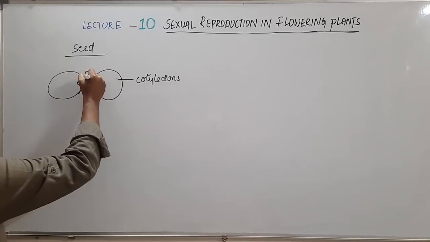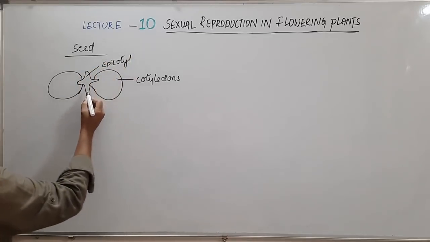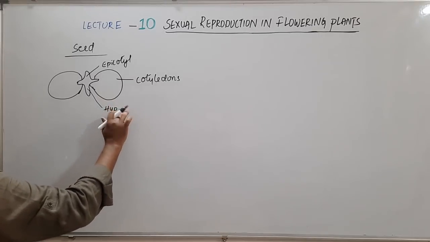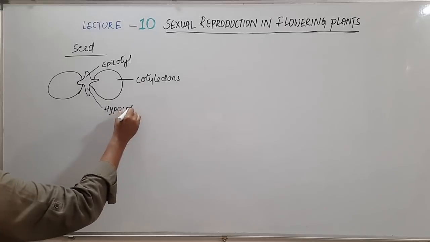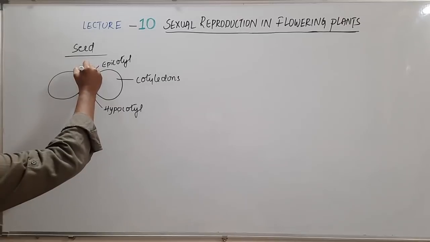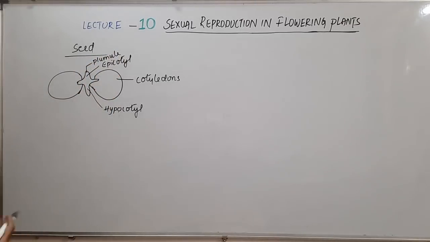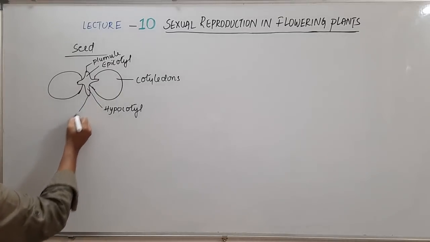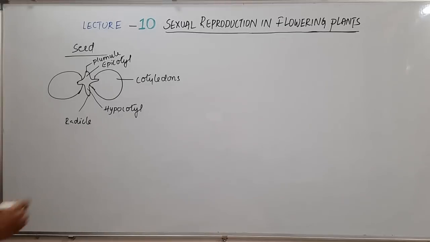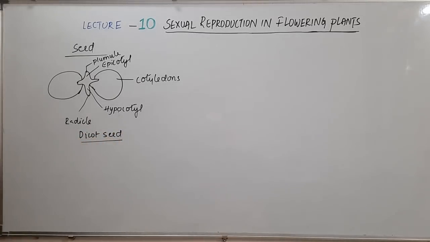This part is called the epicotyl, and this part is the hypocotyl. This tip is the plumule, which will develop into the shoot upon germination, and this is the radicle. This is the structure of a dicot seed.